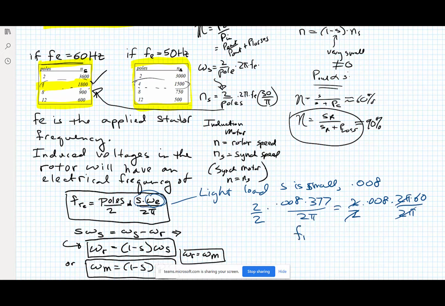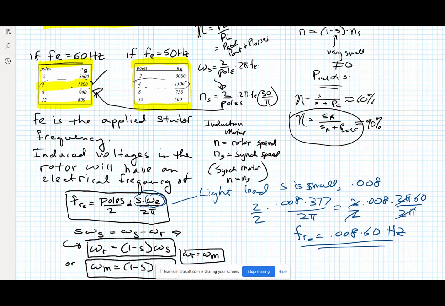So the frequency in the rotor ends up being 0.008 times 60 hertz. That is the same as saying 0.8%. It's less than 1% of the electrical frequency. So it's almost zero, but it's not quite.